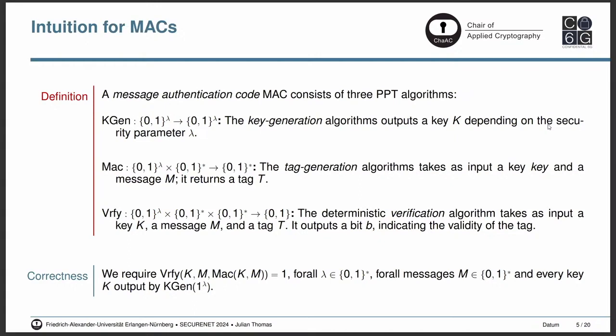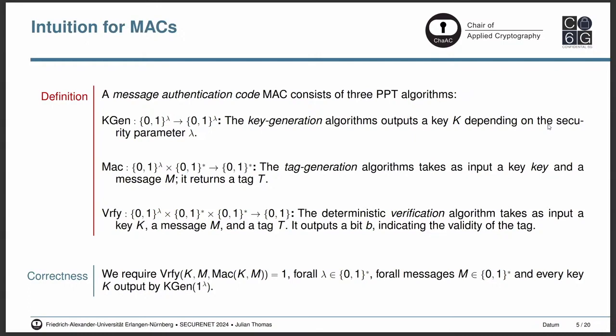Then we have the MAC algorithm, which produces the tag. And in the end we also want to verify whether the tag is valid and everything went well or not, which is why we have a verification algorithm. The verification algorithm takes the message and the tag and then says yes or no.